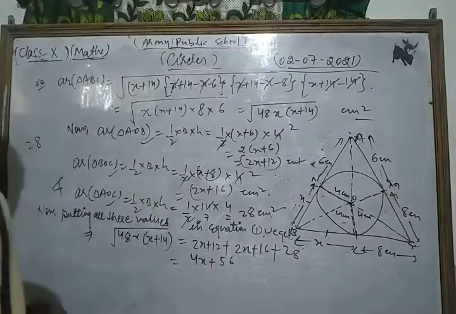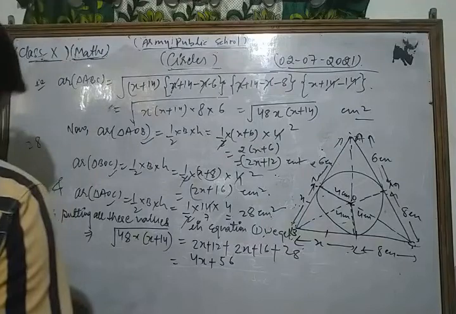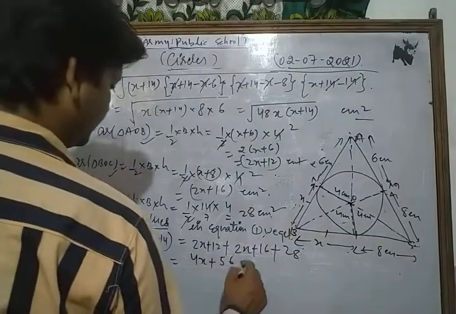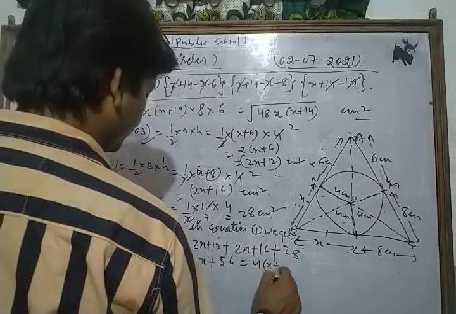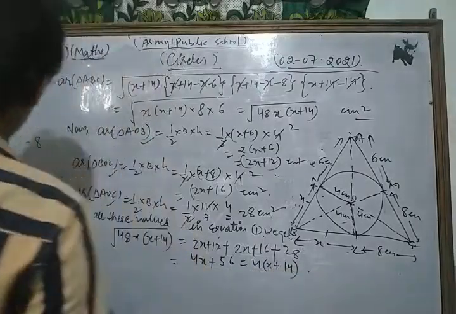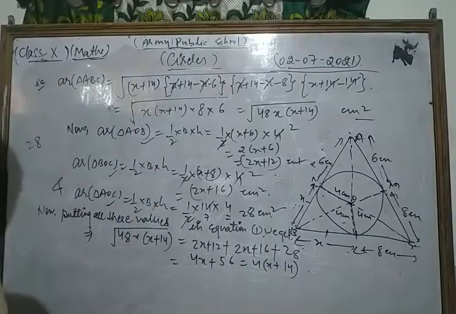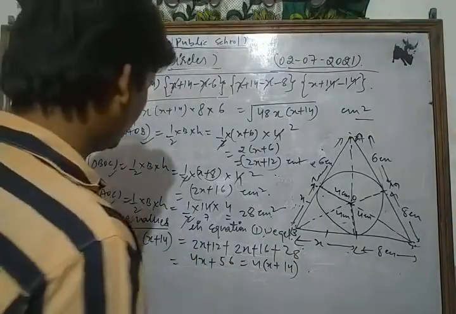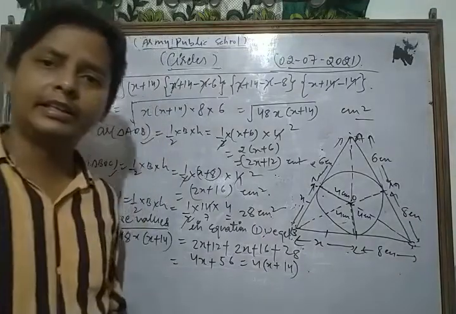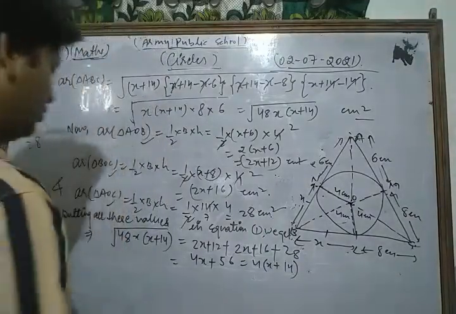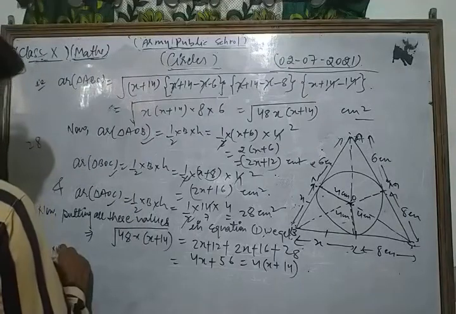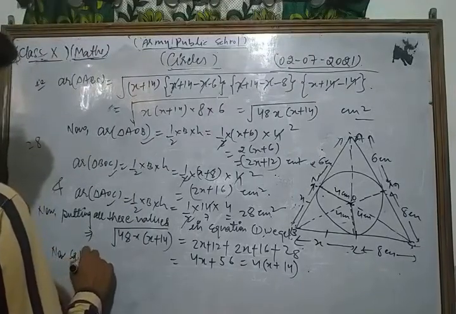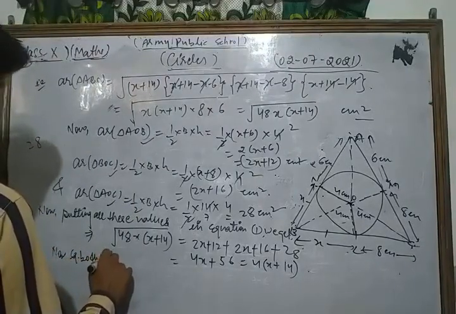4x plus 56. Now we take 4 common, so 4 into x plus 14. Now, dear student, squaring both sides.